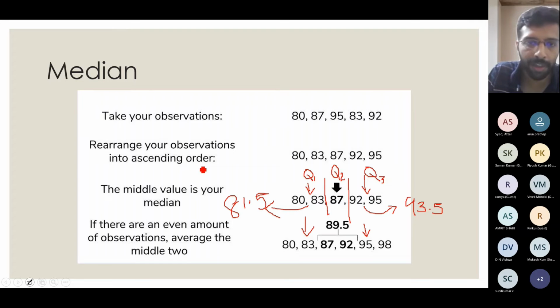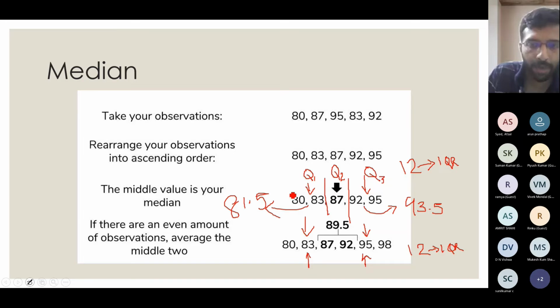So my Q3 minus Q1 will be 93.5 minus 81.5, which is 12, right? So 12 is my interquartile range in the first example. In the second example, my Q1 is 83 and my Q3 is 95. 95 minus 83 is again 12, which is the interquartile range in this example.